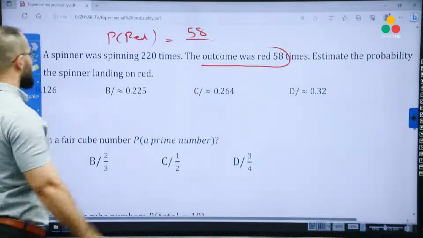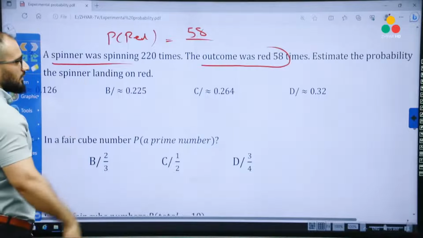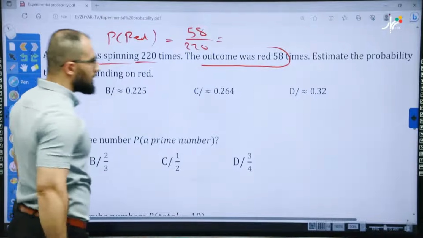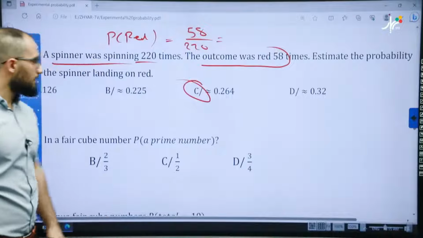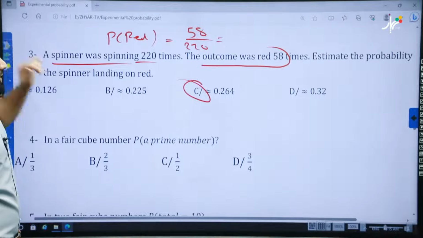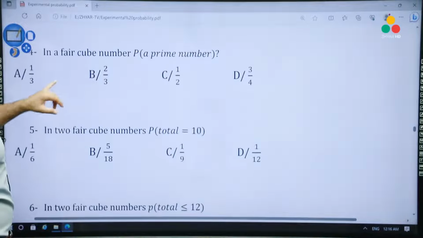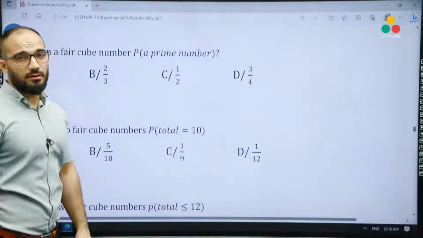Then what was the total number of spins that we did with the spinner? It is 220. So we divide, and it's going to be close to 0.264.